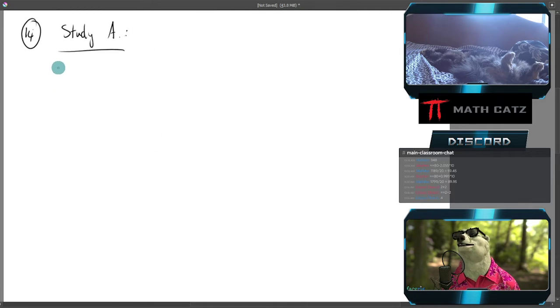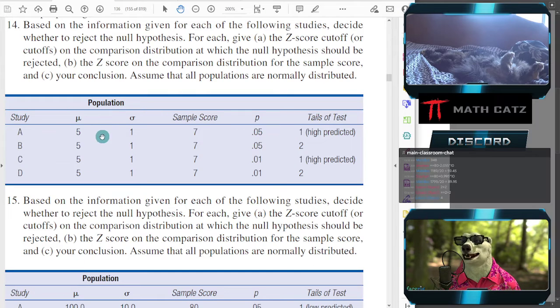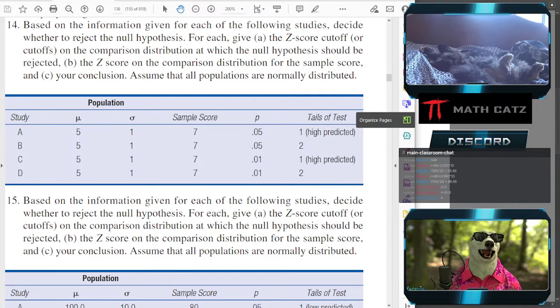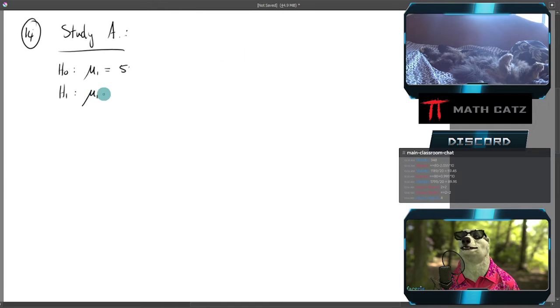So our null hypothesis, if you want to just write it down, is we're testing if our population, let's call it population 1, does in fact have a population mean of 5, and then our research hypothesis, in this study A, we are predicting that it's higher, and so we have a one-tailed test. So our research hypothesis will reflect that it's in fact greater than 5.